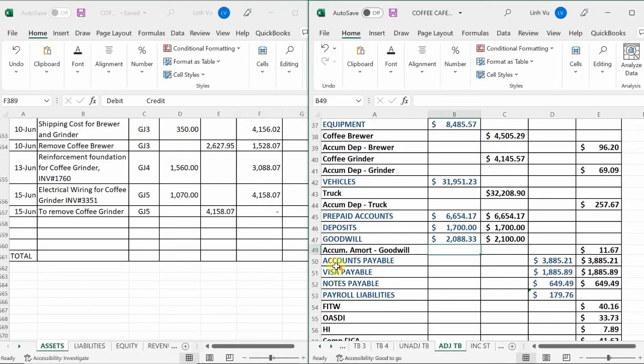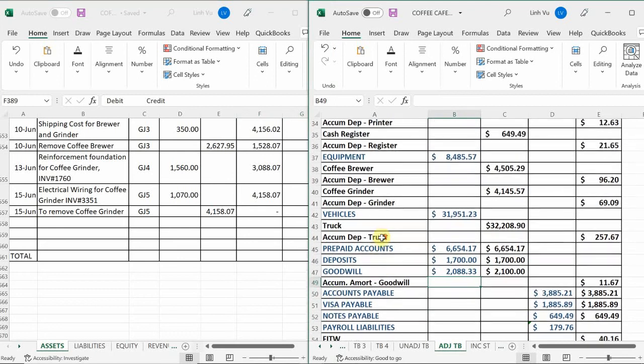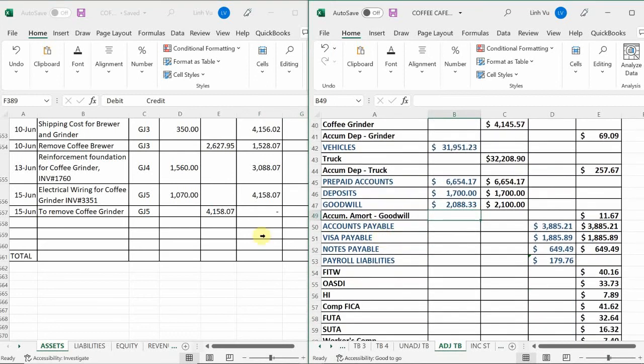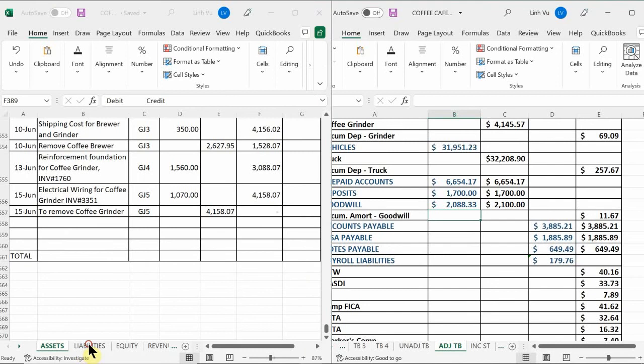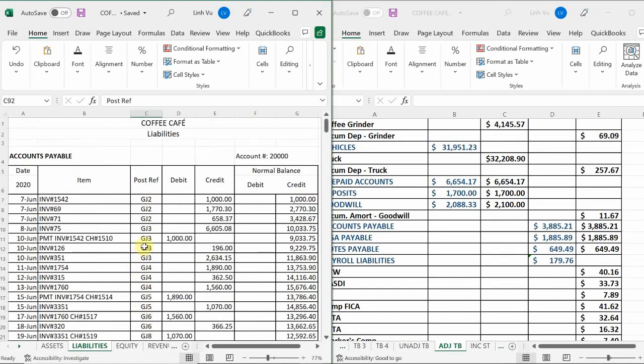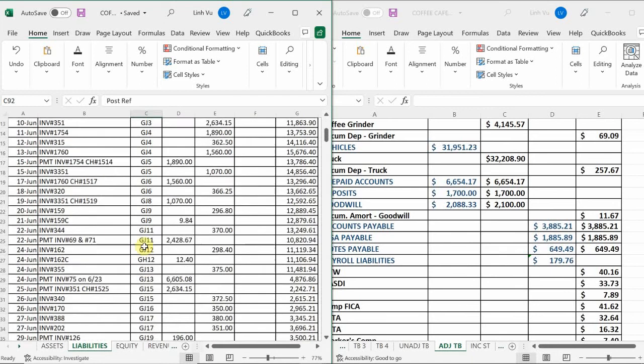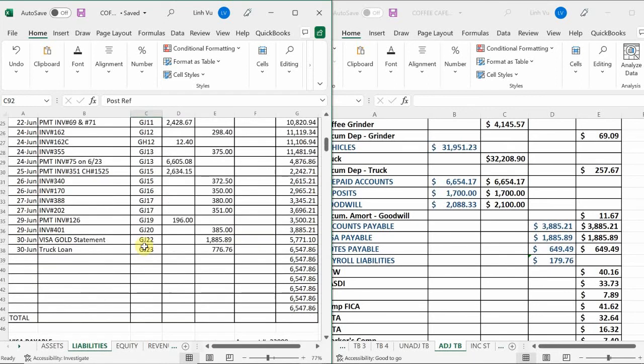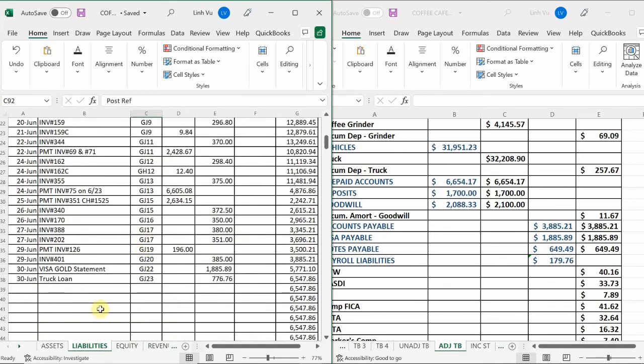Okay. So now I can finally move on to the next section, which is going to be my liabilities. Let's just go over it for adjustments. So in this case, I had a bunch of bills. So my accounts payable has changed.